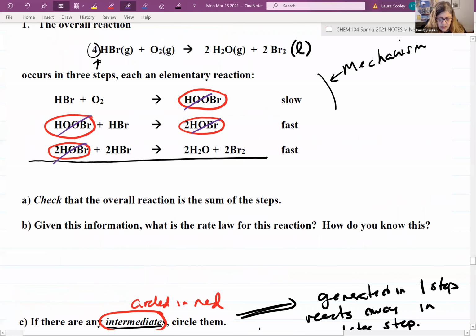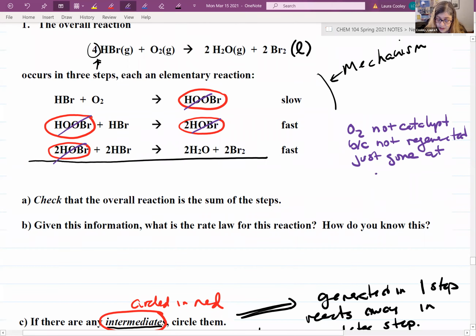Is that a catalyst? No, that's a reactant. You could see that it goes away completely. You don't get oxygen coming back here. So O2 is not a catalyst, because it's not regenerated. It's just gone at the end of the reaction.